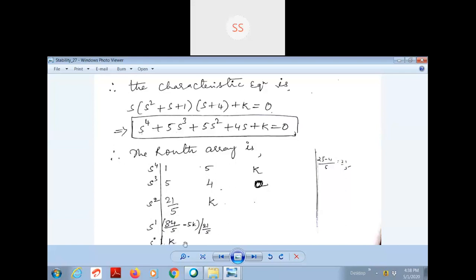So once you fill up all the rows in the routh array, now what is important is to find the k values which will make the system stable. Now in the earlier problems there was no k. In the earlier 2-3 problems whatever we discussed for writing the routh array, there was no k term.